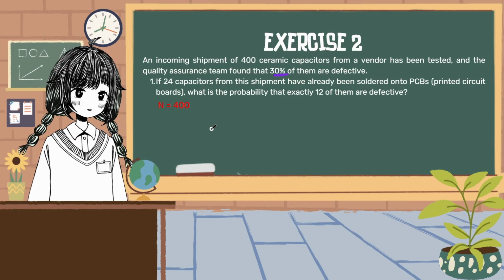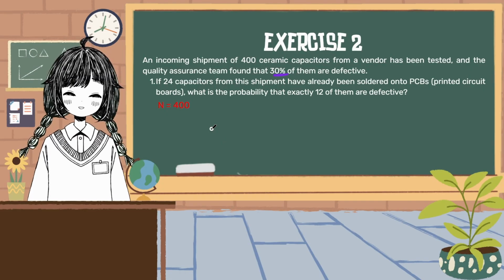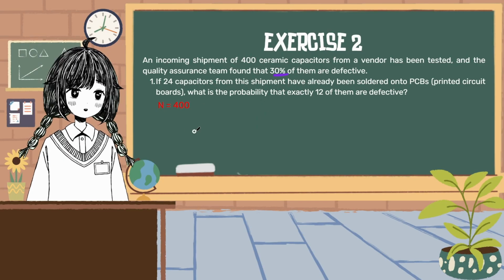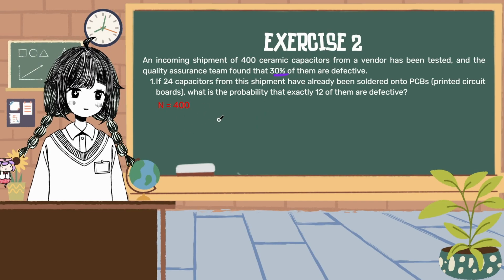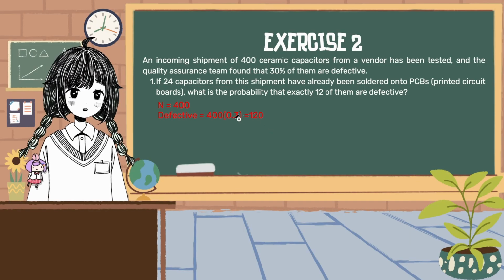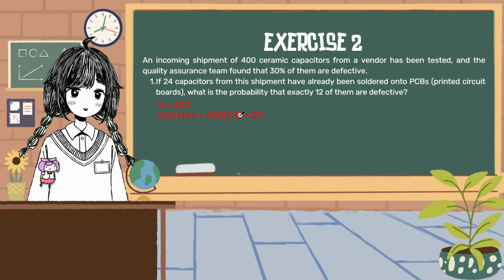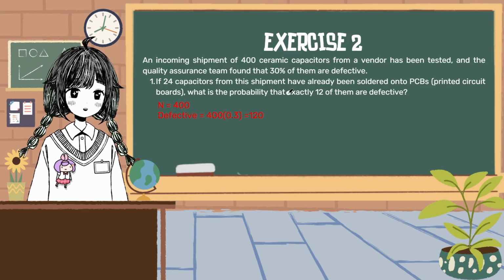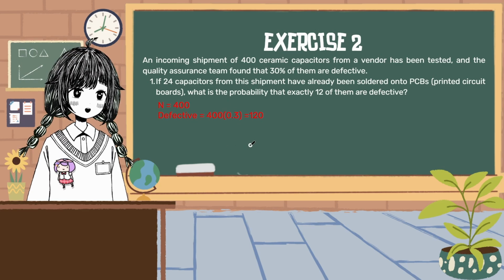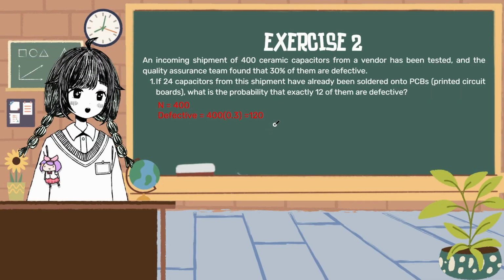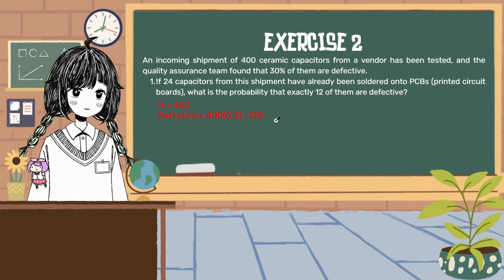The question gives us the number in percentage, but we already know the total capacitors is 400. So, our defective capacitors is 400 times 0.3 due to the 30%, and that makes it a total of 120 defective capacitors.